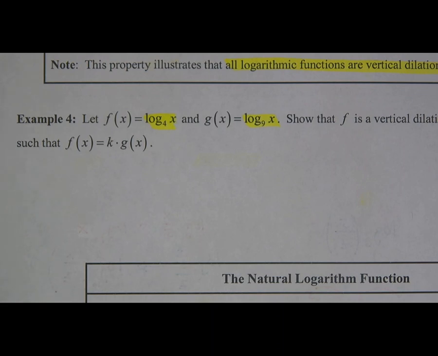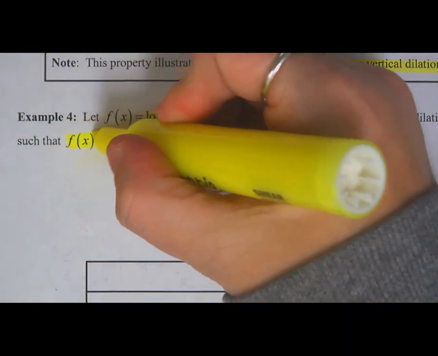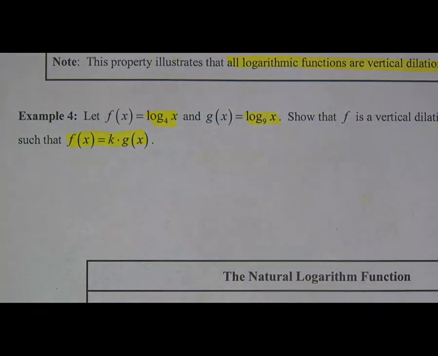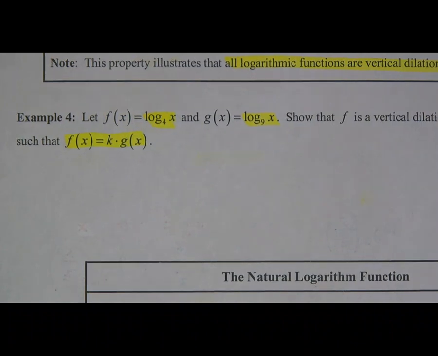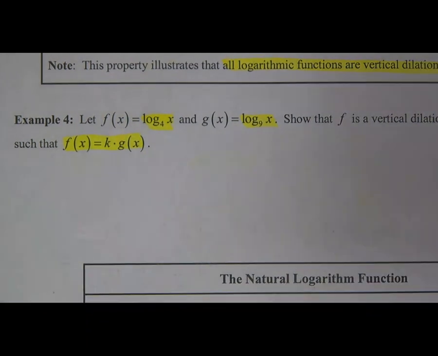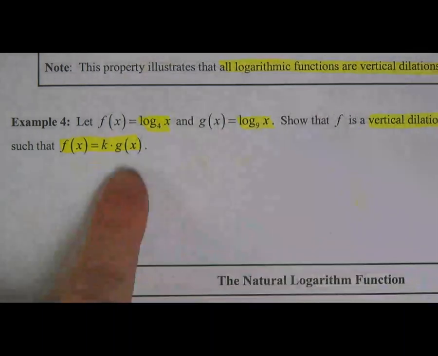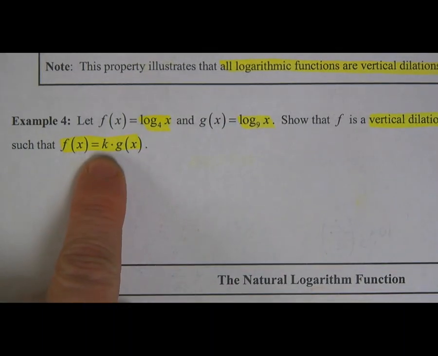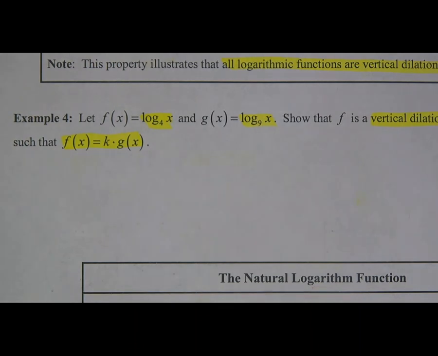Show that f is a vertical dilation of g by finding k such that f of x is just some number times g of x. Vertical dilations are when you take the entire function and multiply it by something. Notice the k is not inside, it's on the outside of the function. It's a vertical dilation. And I know this is really kind of difficult to put all this together.